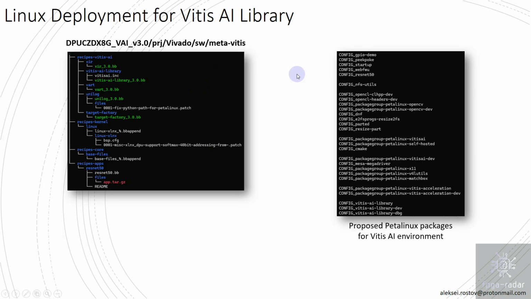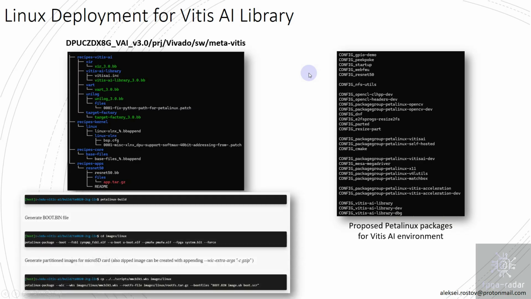I already did this in my repository, so you don't need to copy. It can be found directly in the PetaLinux folder for the corresponding board. Afterwards, PetaLinux can be built, then the boot bin file should be generated, and finally the image for the micro SD card can also be generated.